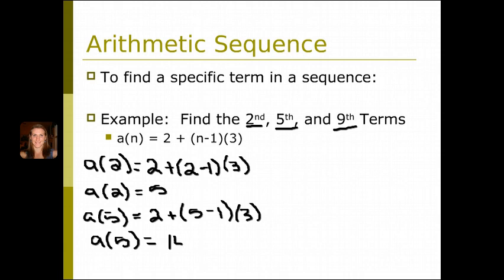And then if we're looking for our ninth term, we would have a of 9 equals 2 plus the quantity 9 minus 1 times 3. And a of 9, when you plug that in your calculator, is going to be 26.